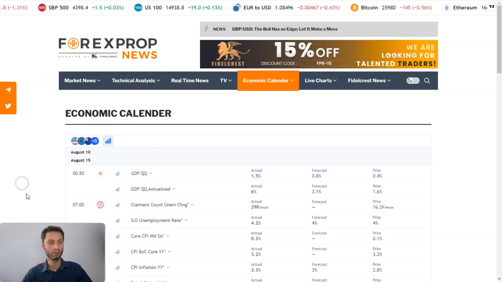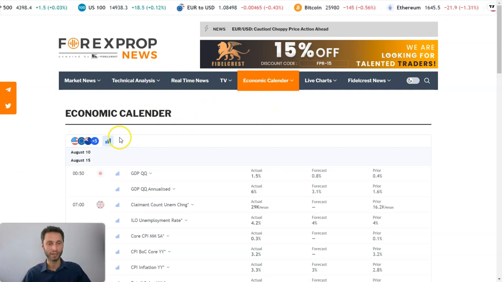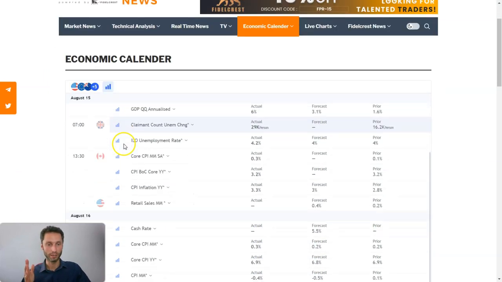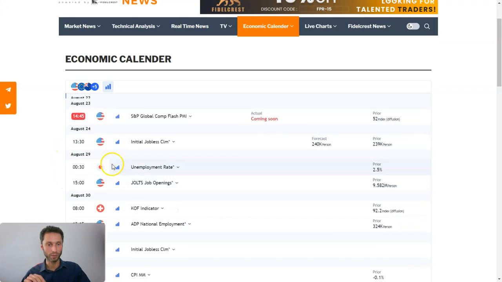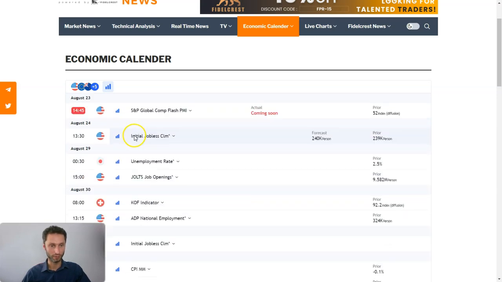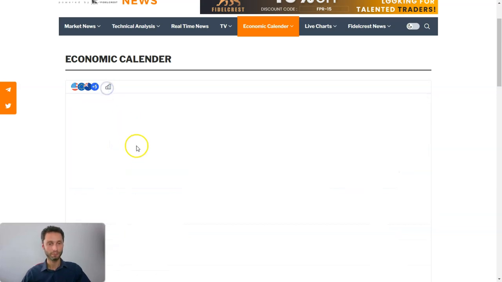And just before we head over to the charts, let's first of all look at the economic calendar and what is happening to update ourselves, make sure we know what's going on. For the rest of this week, do bear in mind the initial jobless claims that's out tomorrow, and then the rest is going to be next week for very high impact news and some lower impact.